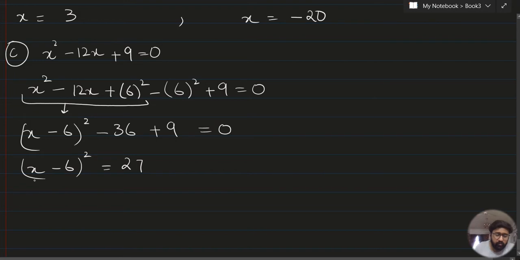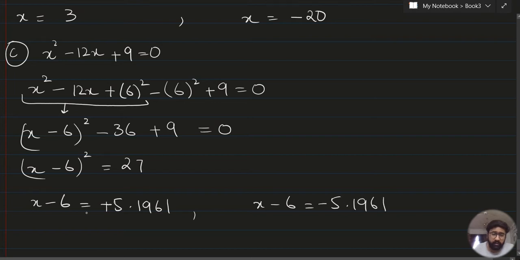Now taking square root on both sides, so square root of 27 and x minus 6 is going to be left as it is. So plus 5.1961, and x minus 6 is equal to minus 5.1961.